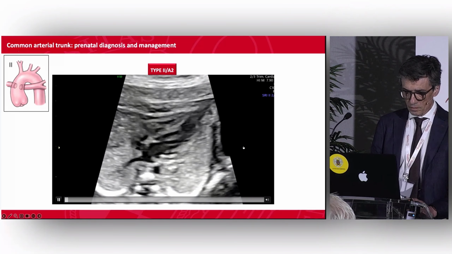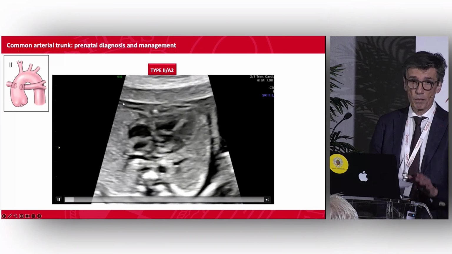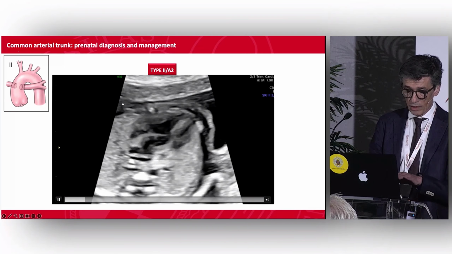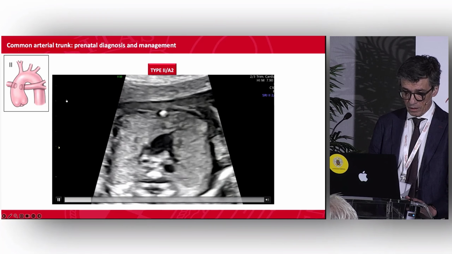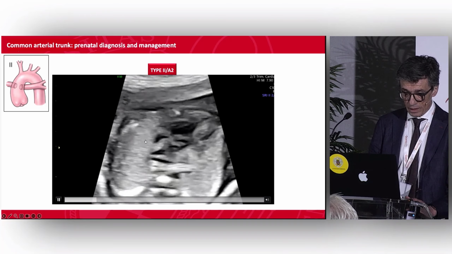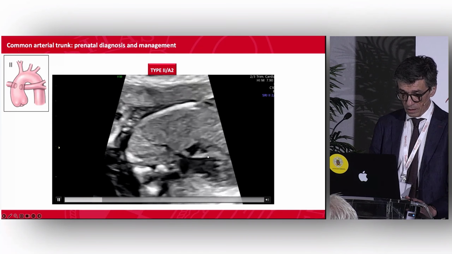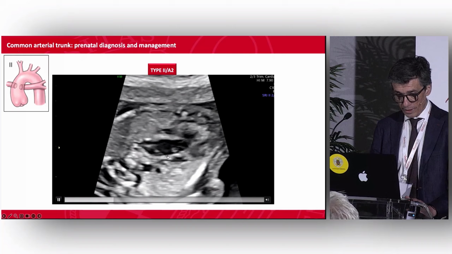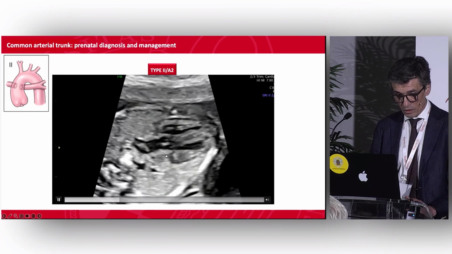Type 2, there is no pulmonary trunk. The pulmonary branches arise directly from the common arterial trunk, usually from the posterior aspect of the common arterial trunk. You have to look for these branches to see where they are connected to the common arterial trunk.